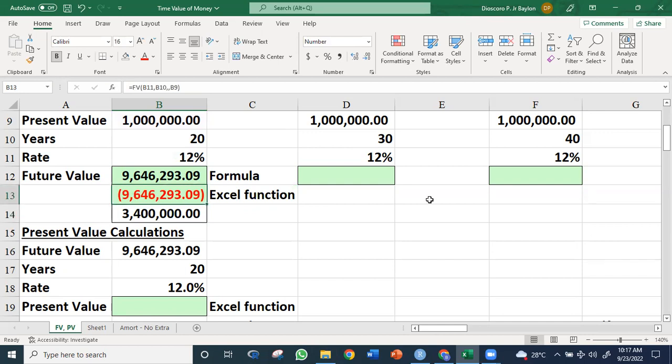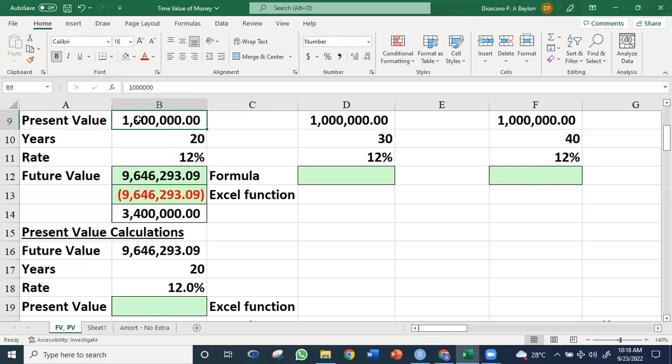Let me pause for a while. Again, question, guys: do you understand now why Excel is giving us a negative answer? The reason is that Excel is very particular about the direction of the cash flow, whether money is going in or going out. Here we made it positive, which means Excel read this as a loan.